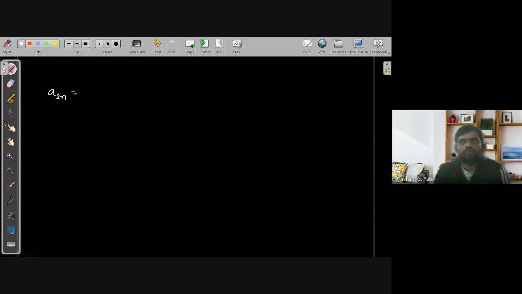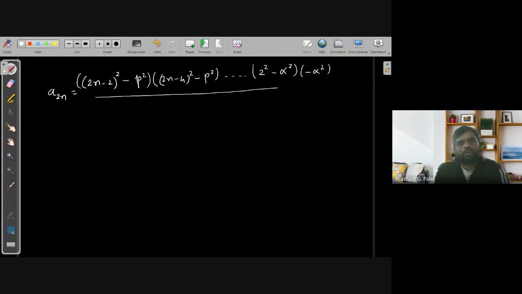The value of a2n we can have is (2n minus 2) square minus p square, (2n minus 4) square minus p square, up to so on, 2 square minus p square, upon 2n factorial into a0.